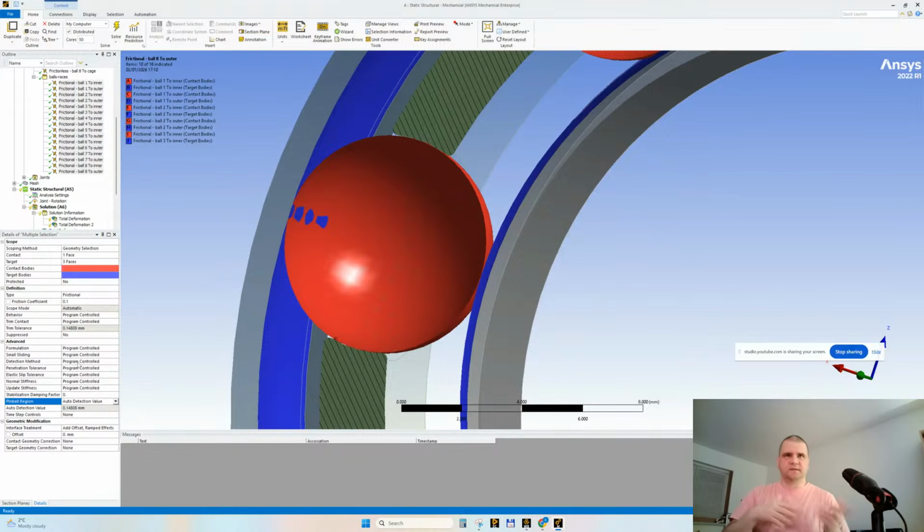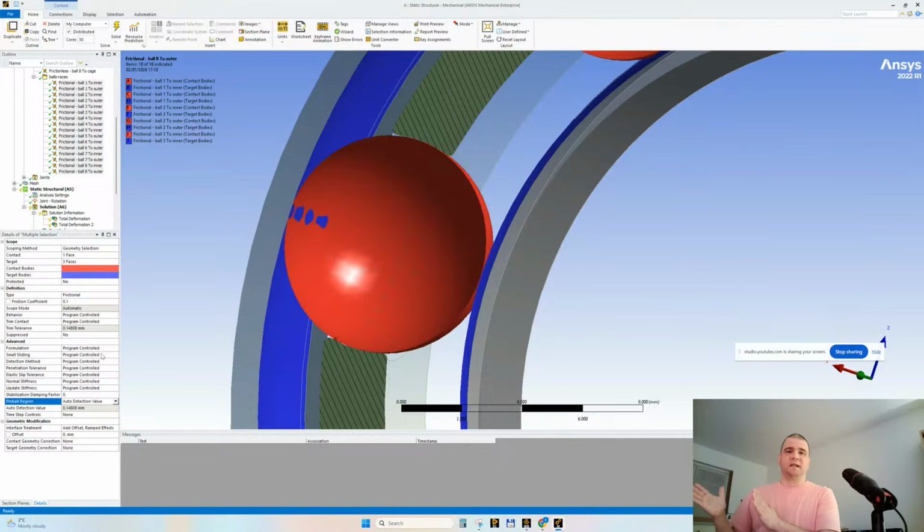It will move a face, it will move a node, it will move a surface inside the solver. It will not use the real topology of the geometry or the reality of the mesh sometimes.